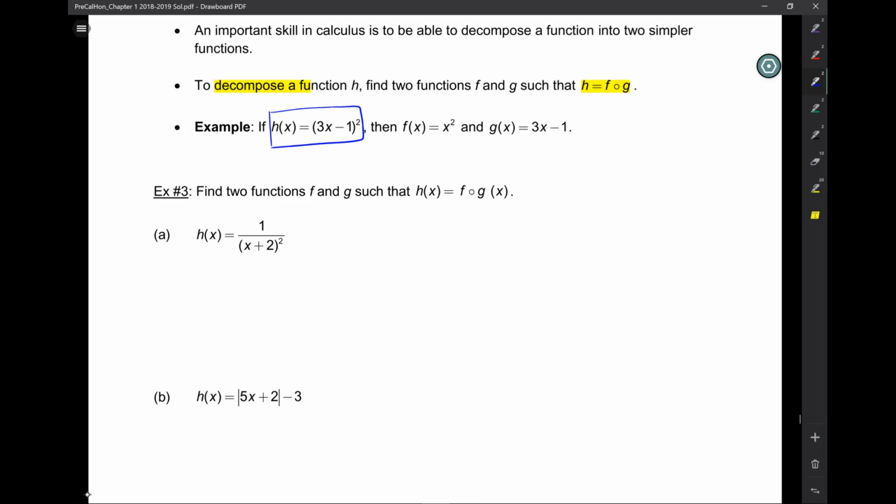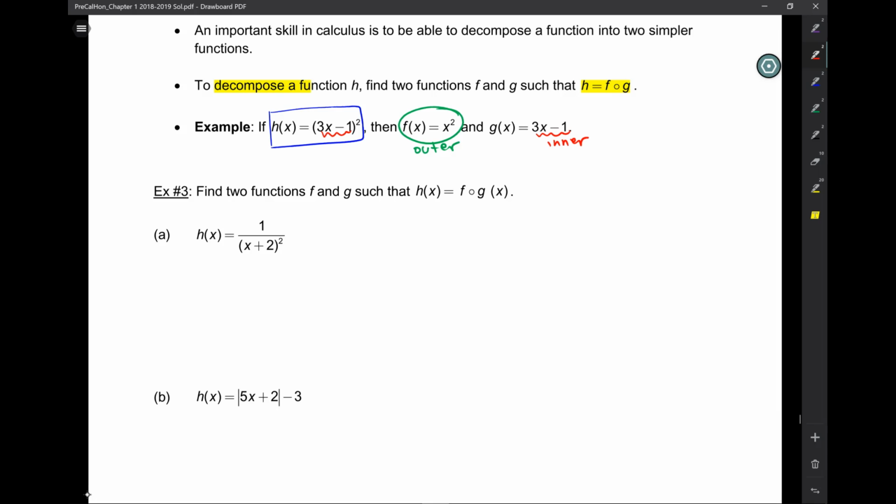F of x equals x squared. Exactly, that gives you a parabola. So this is the outer function. So somebody took that outer function and inside, when you zoom in, what did they insert? 3x minus 1. So that's your inner function. Do you see what happened there?